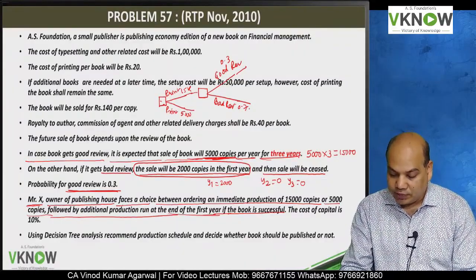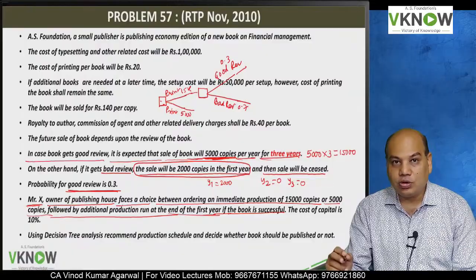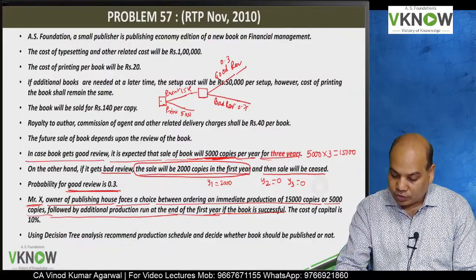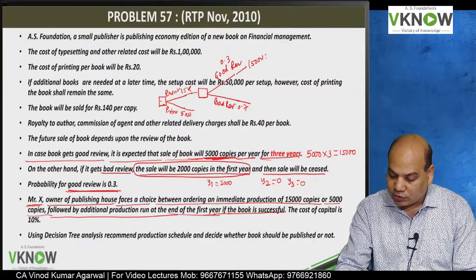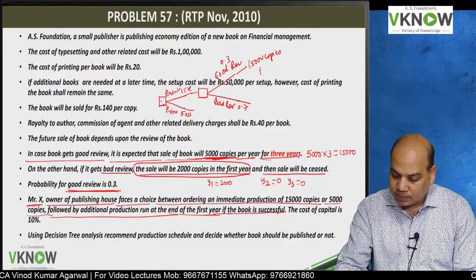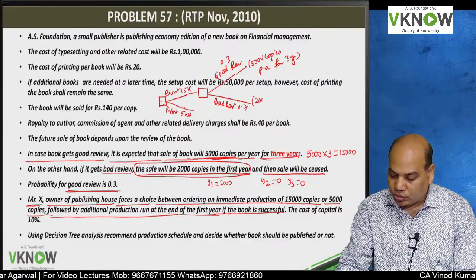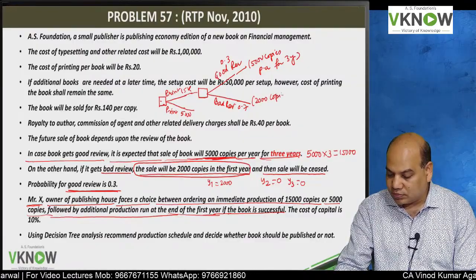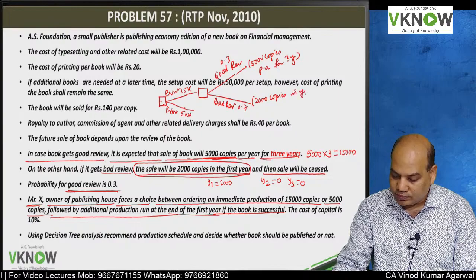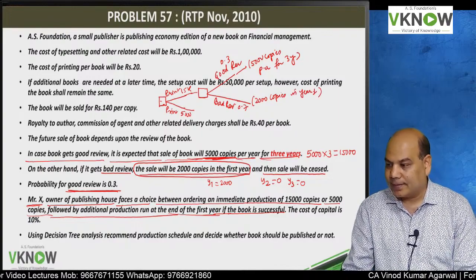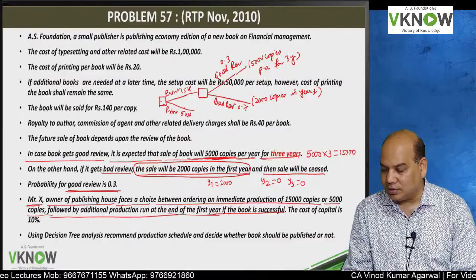But if it is bad review, you will be able to sell only 2,000 copies. So here we will be able to sell 5,000 copies per annum for 3 years, but here we will be able to sell only 2,000 copies in year 1.